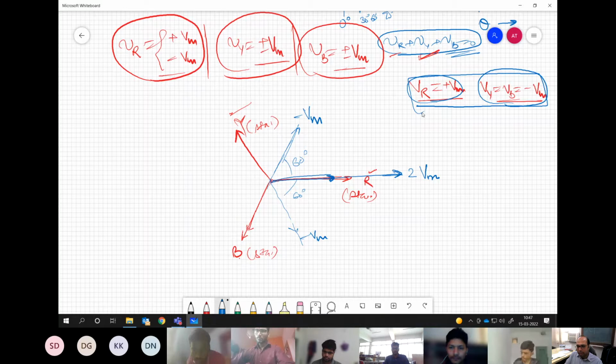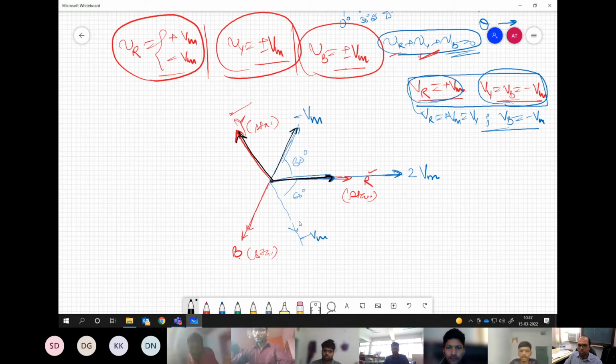Now if I change this, let's say VR goes to plus Vm and so does Vy, whereas Vb remains at minus Vm, what will happen to the vector now? I'll draw with black color. R is still positive, Y comes positive and B is now negative. So where will the vector be now?